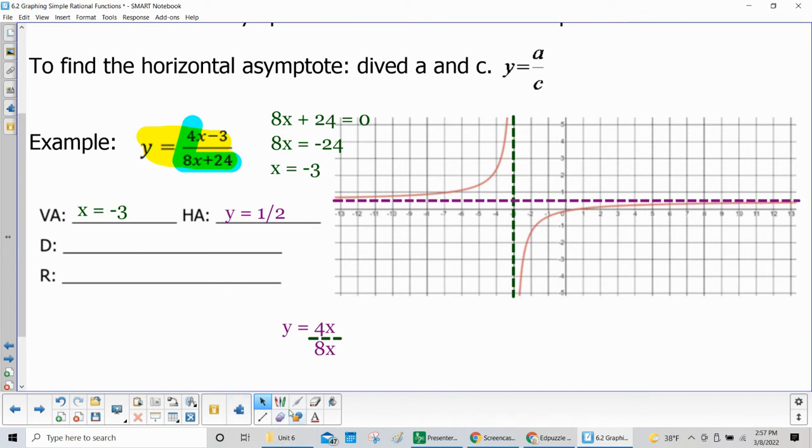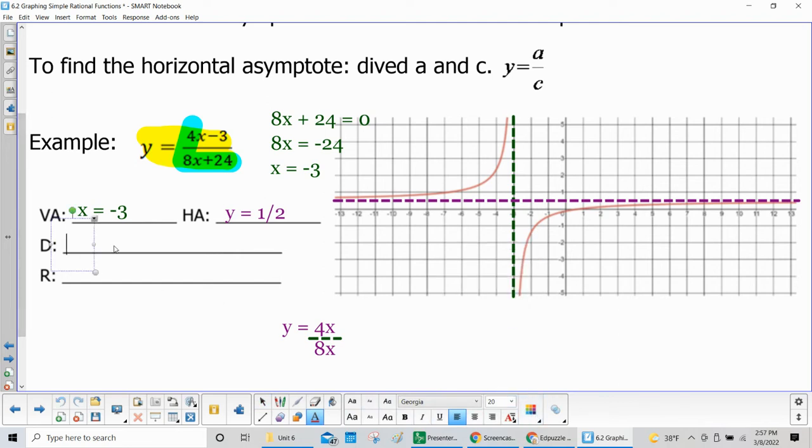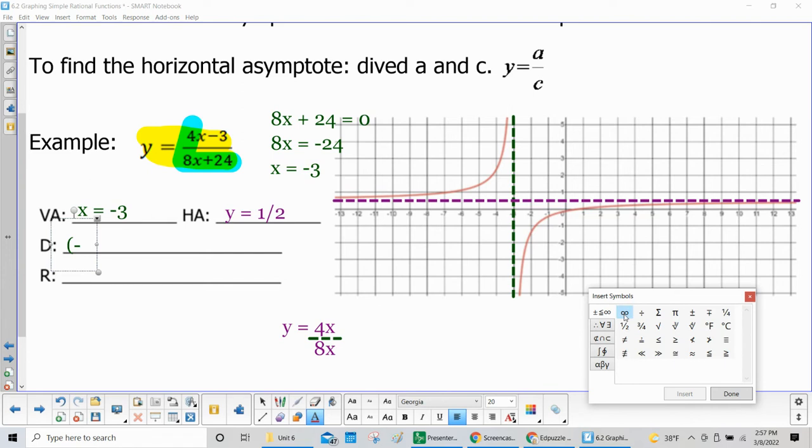So then, of course, finding our domain and range for these is really no different. Our domain for our hyperbola, for our rational function, would still be the same as the domain we did for our other form of the rational function. So we would still be doing negative infinity to the vertical asymptote, and then taking that vertical asymptote, splitting it, and dividing it into these two parts.